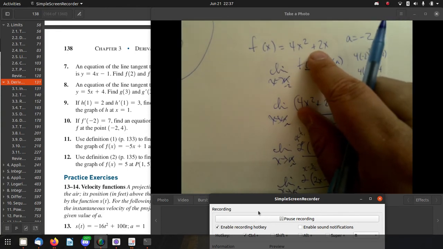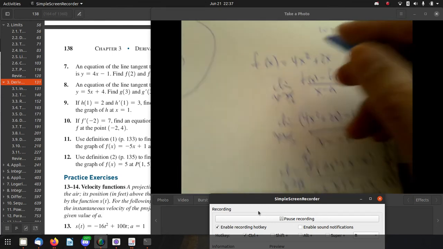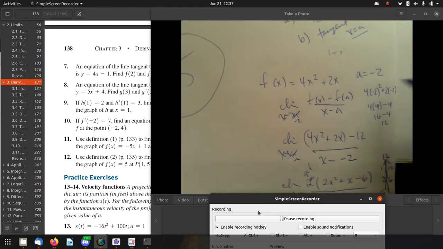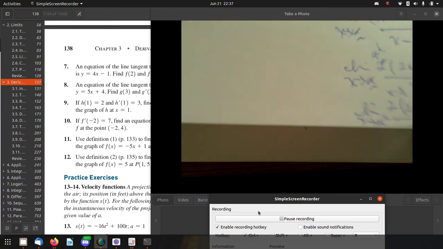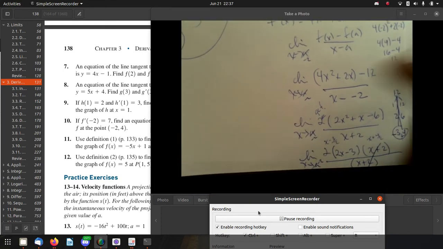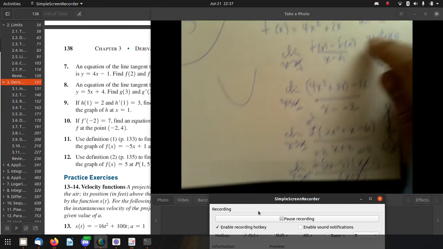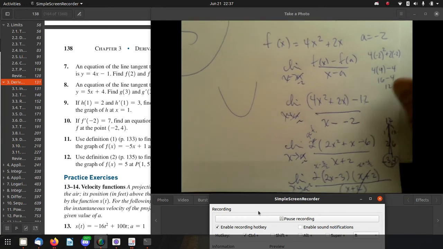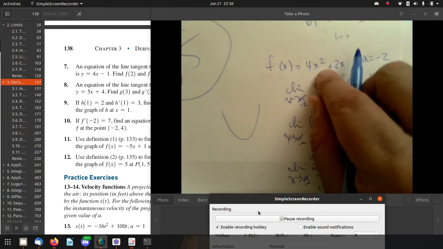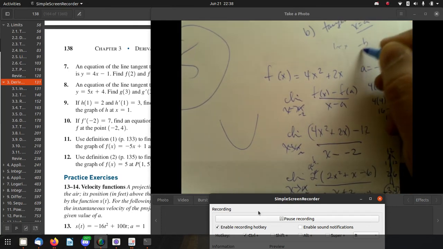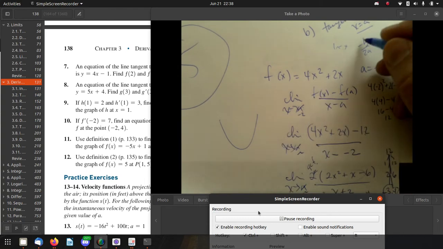So bear in mind this is an x squared function, and this function, 4x squared plus 2x, has a plot. It's some type of positive parabola, and it's going to have a slope at a equals negative 2. Here we'll do a quick negative b over 2a analysis just to get a general sense of what's going on.